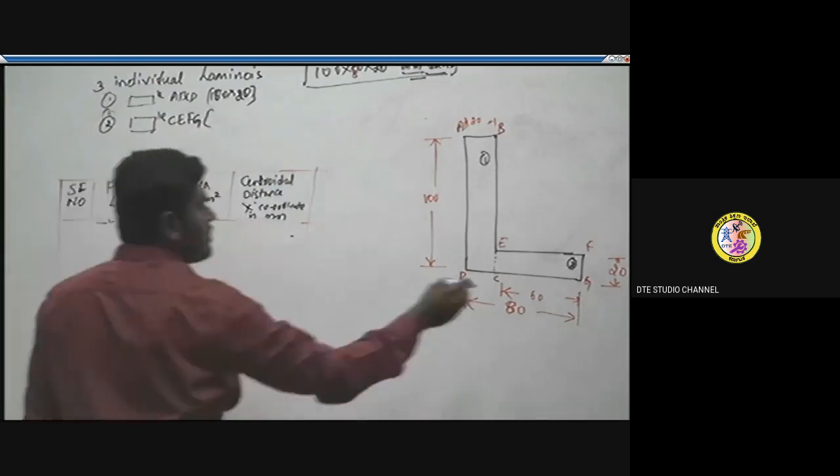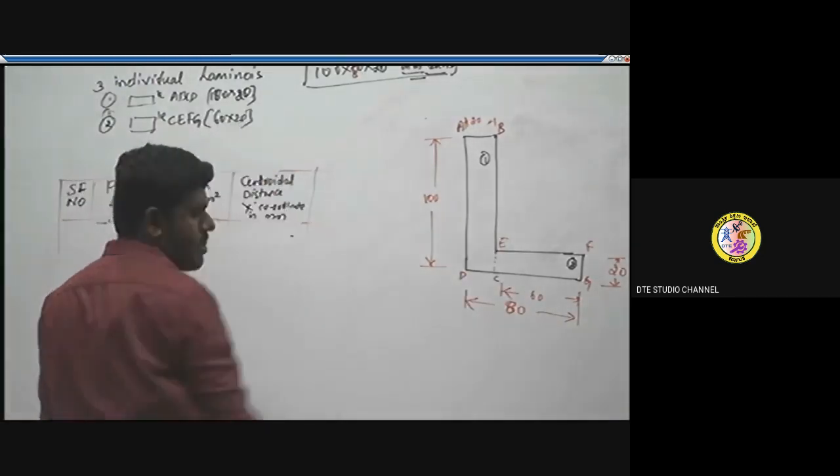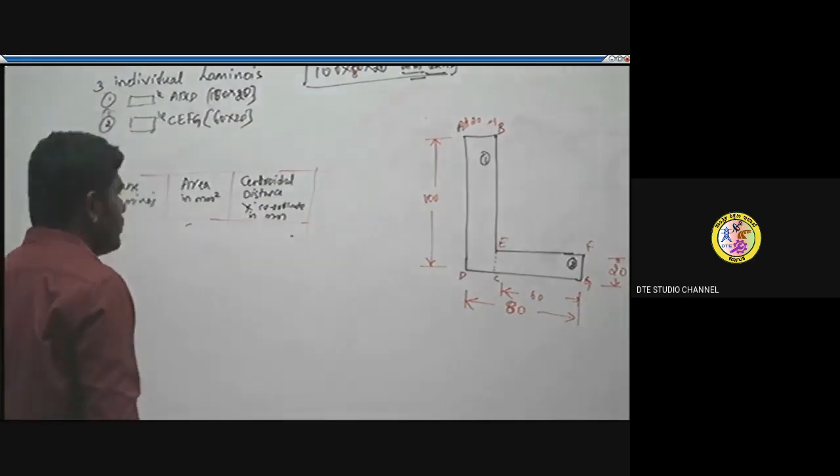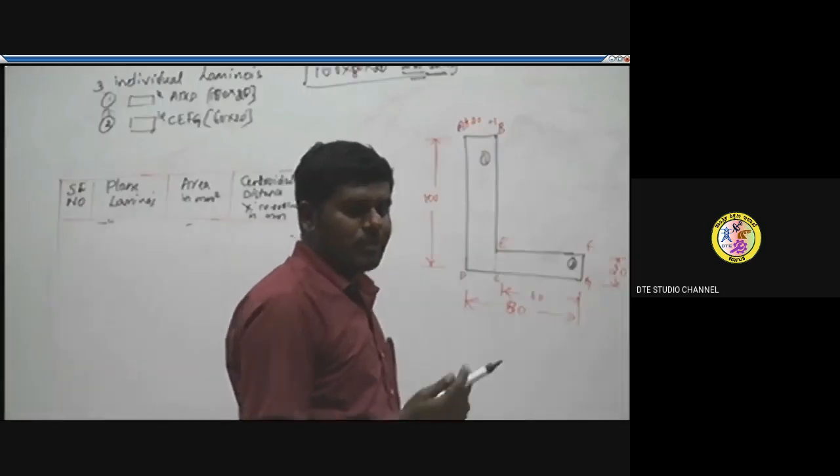So that is 60 into 20. Now check whether this given L section is symmetrical about any one of the axes.